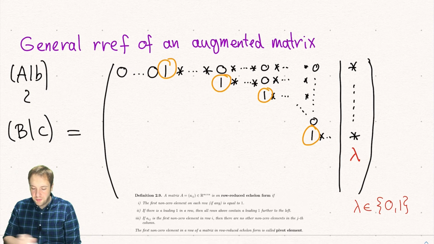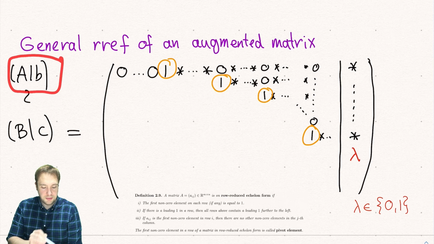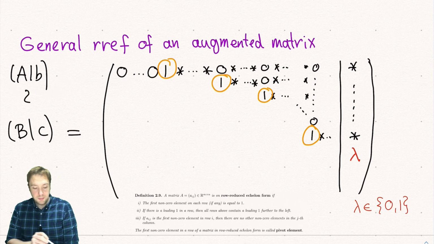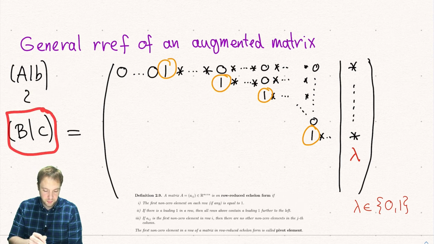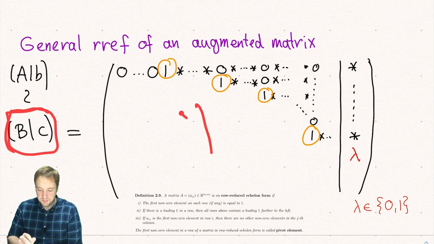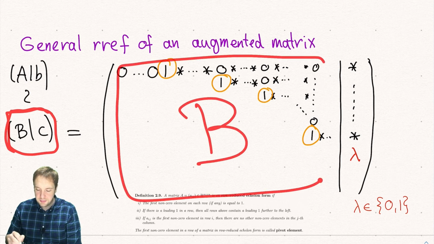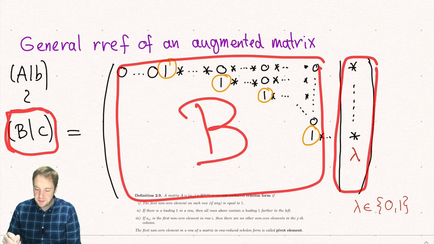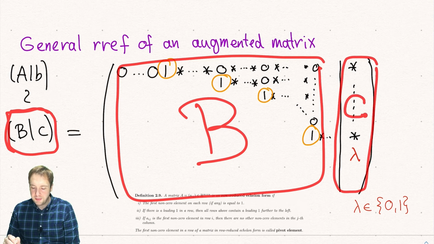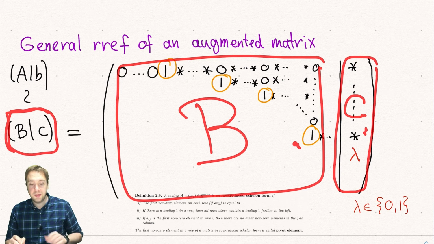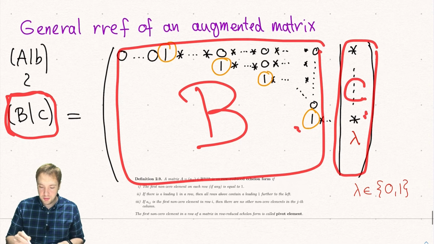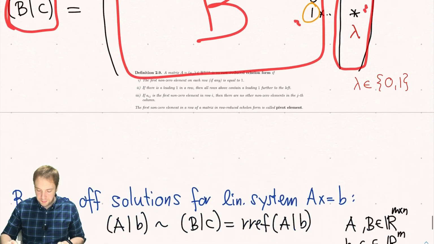Now, to read off the possible solutions of this linear system Ax equals b, we bring it to row reduced echelon form, and this gives a matrix B and a vector C. Looking at this, we can decide what the solutions of the original system are.